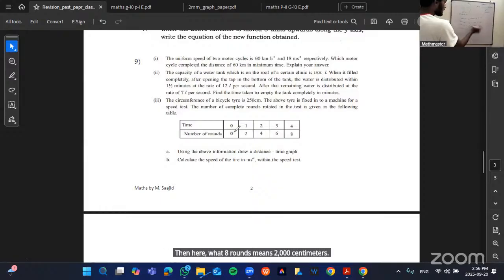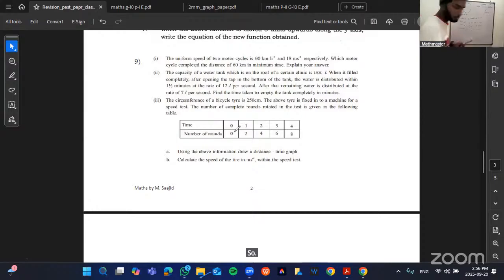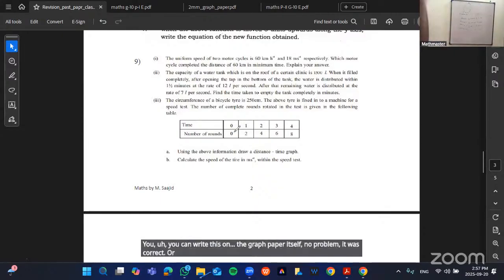Now we have to plot this in a distance time graph. You can write this on the graph paper itself, no problem. That is also correct. Or if you can take a small paper and write, that's also correct.